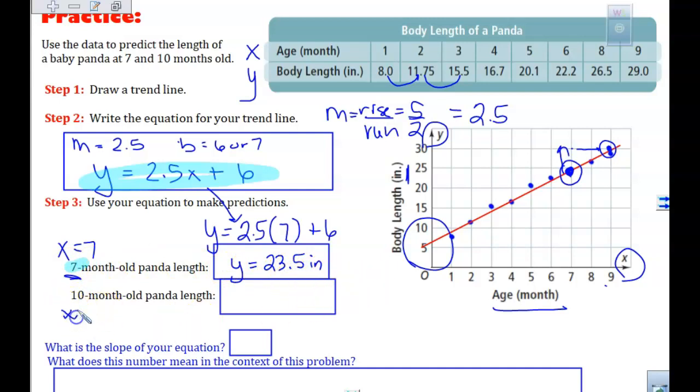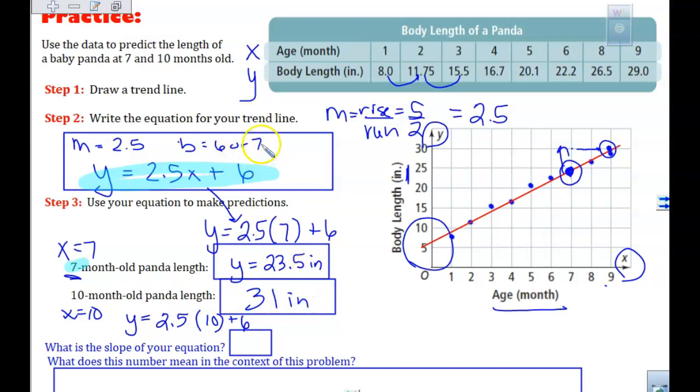Now we're going to do it when x equals 10. So this time, Will, we are going to write down what? Y equals times 10. Yep. What'd you end up with? 31 inches.